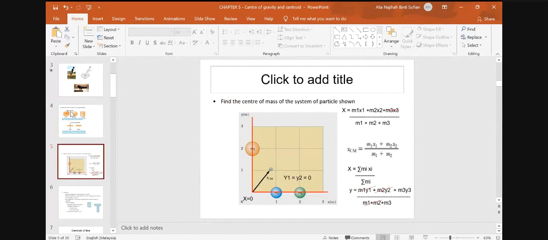Yes. Prof, should the mass of the third one be considered or not? According to what is given here, they don't consider it. But I researched on Google, they consider the mass of the third one.